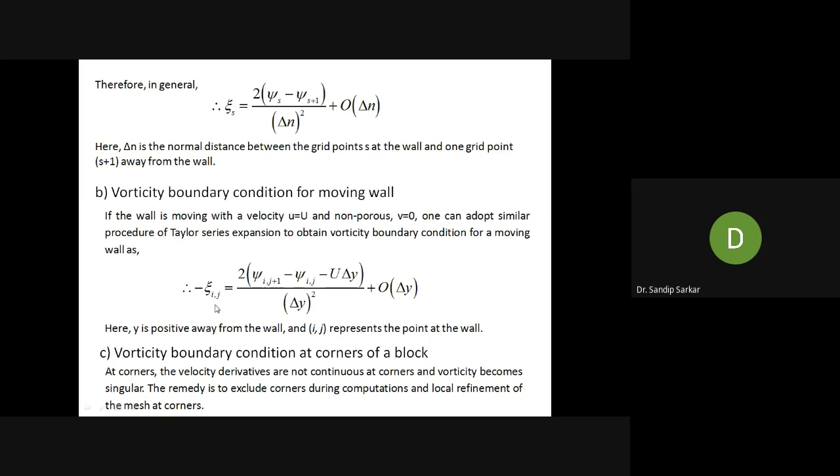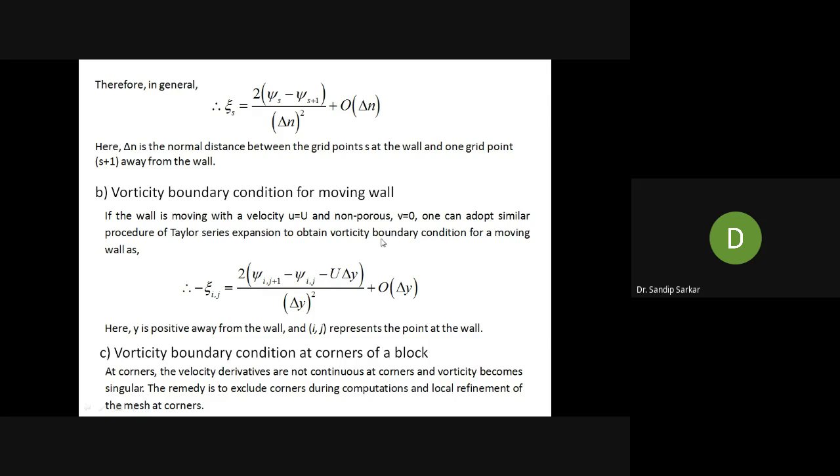It may be 1j or maybe i1, whatever you call it, but better to call it 1j. That vorticity value at the wall is 2 (psi ij plus 1 minus psi ij) minus u delta y by delta y square plus order of delta y. So please do this at home.